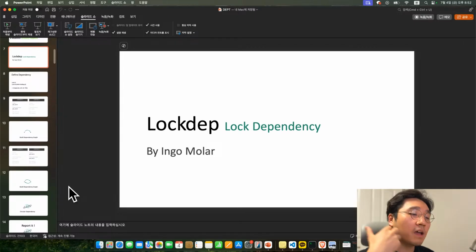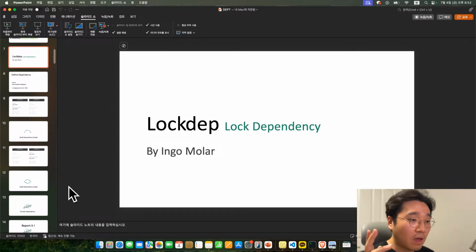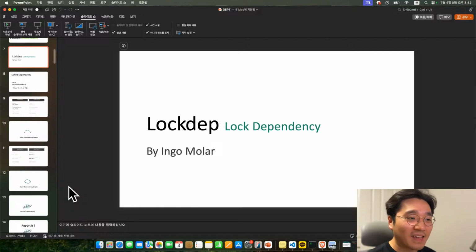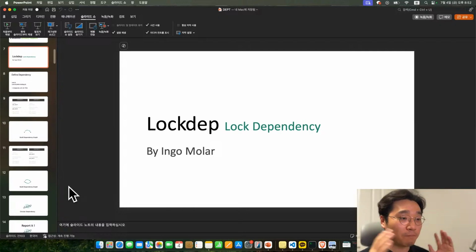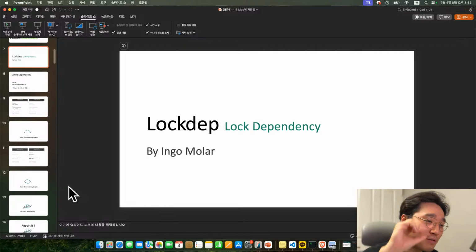If you want more detail on how they make their graph data structure, we need to investigate how Lockdep is implemented. But there is a good starting point. Lockdep is very big and has a very long history, but DEPT is short, right?